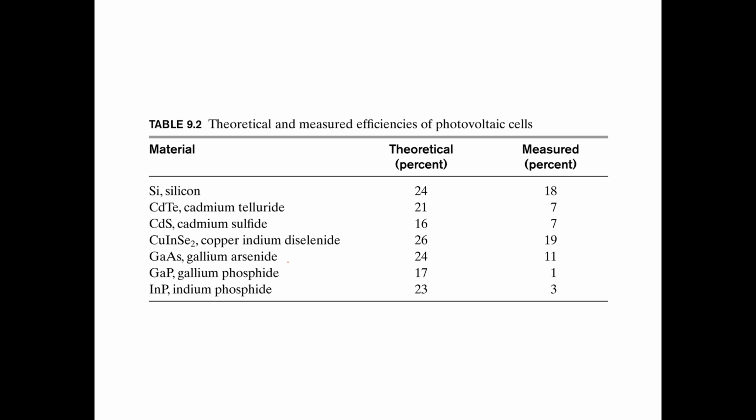We concentrate here on silicon. We can see that the maximum theoretical efficiency is about 24%, where we have measured efficiencies of 18%. Similarly, you can see for other types of photovoltaic materials their theoretical efficiency compared to their measured operational efficiencies.